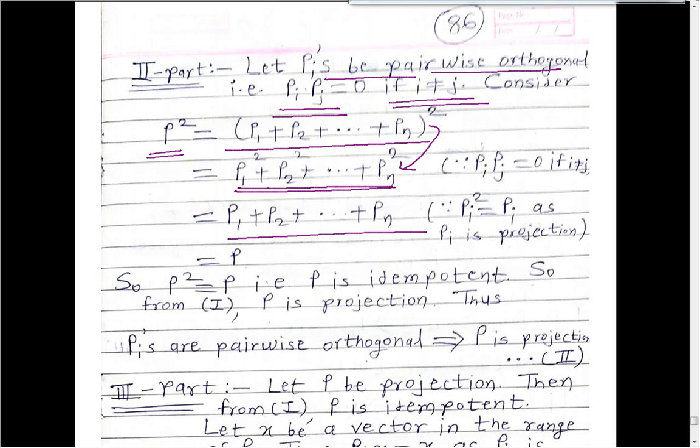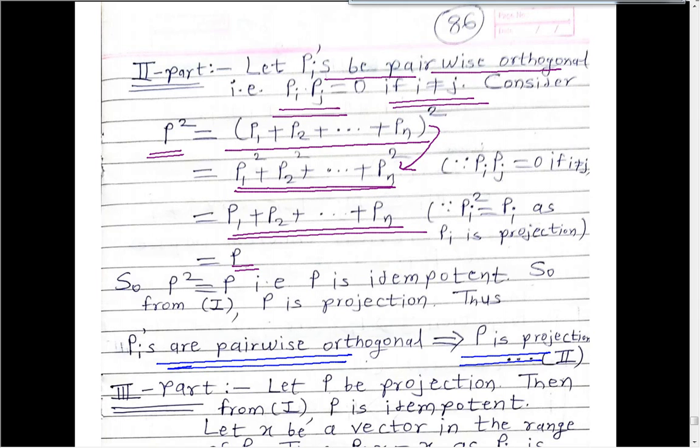And since these are projections, this is equal to P1 plus P2 plus ... plus Pn, which is equal to P. So P square is equal to P, that is, P is idempotent. So from the first statement, we can write that P is a projection. Thus, in the second part, we have proved that if the Pi's are pairwise orthogonal, then P is a projection.